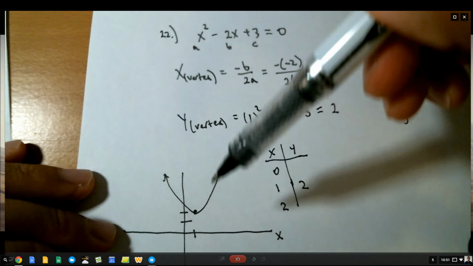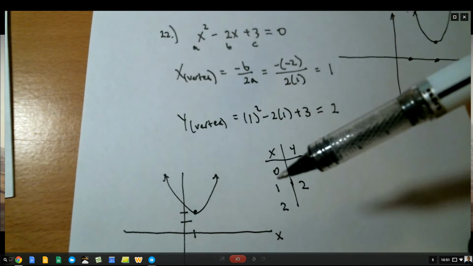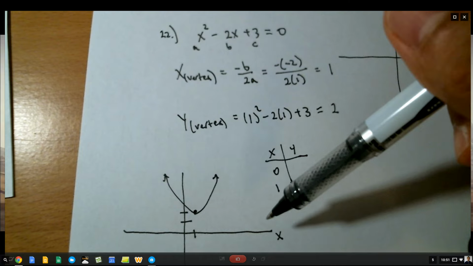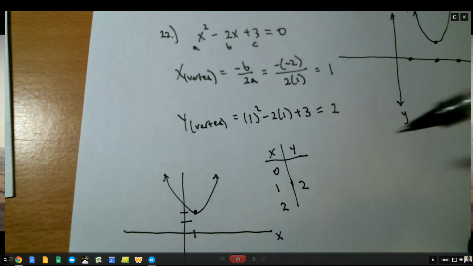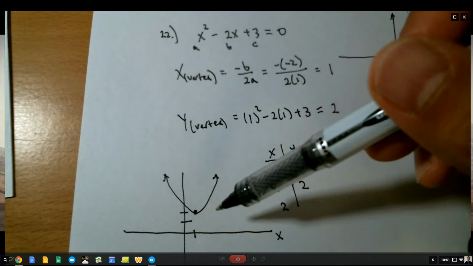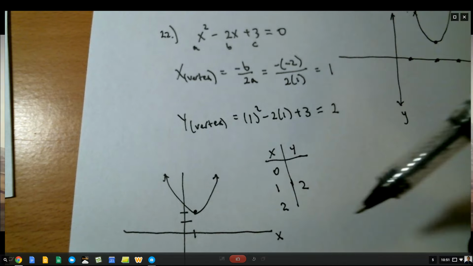And if it's pointing up, we know it won't cross. So this is one way you could figure out number 22, how many real solutions? Just right here, you could put 0. There are solutions to this equation, but there are no real solutions. There's no solution that actually crosses the x-axis.